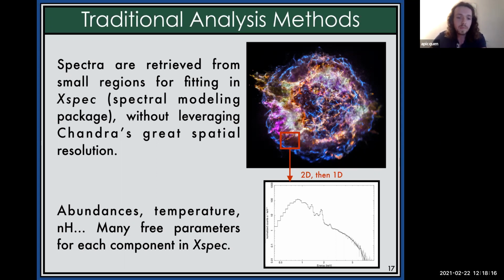And there are lots of problems with that, the first one being that the cells are not optimized for every component, the correlations are not considered, and each cell is treated independently. So we miss a lot of information, and also the fact that there are lots of cells makes it very time consuming. But it's not the most important, the most important problem is the fact that we miss a lot of information.